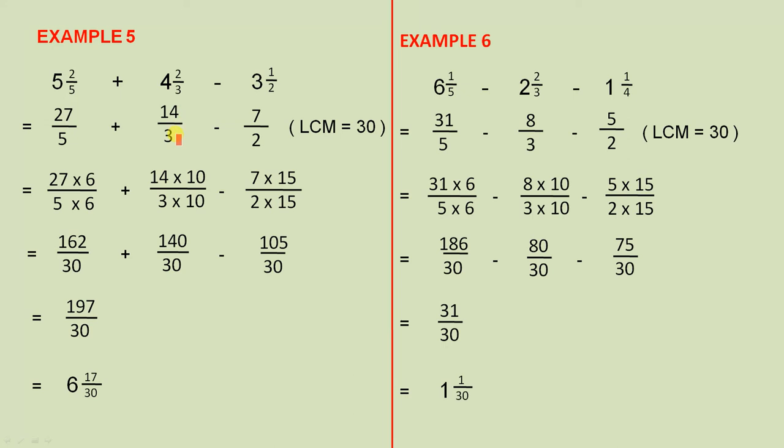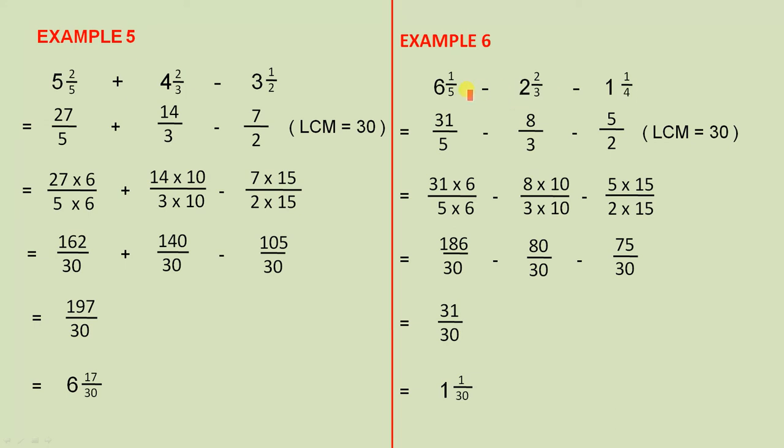For that denominator there to be 30, multiply top and bottom by 10. We've done that here to give us 140 over 30. And for that denominator there to be 30, multiply top and bottom by 15. We've done that here, which gives us 105 over 30. When we simplify those fractions, we get 197 over 30, which is 6 17 over 30.